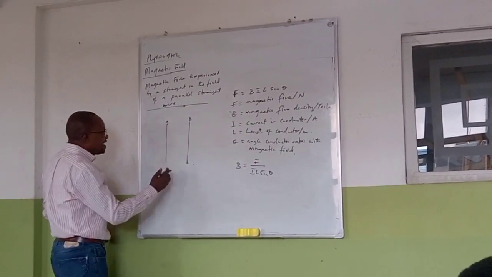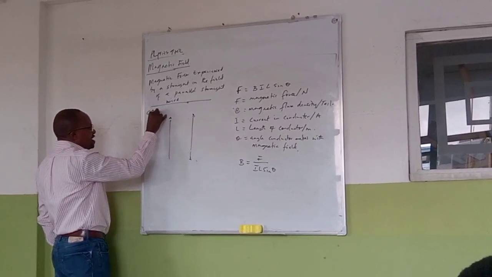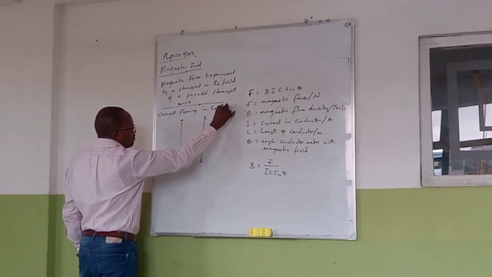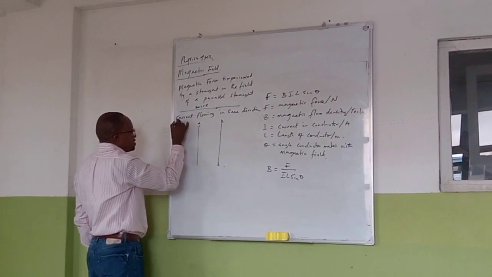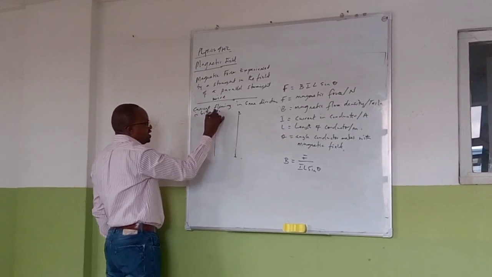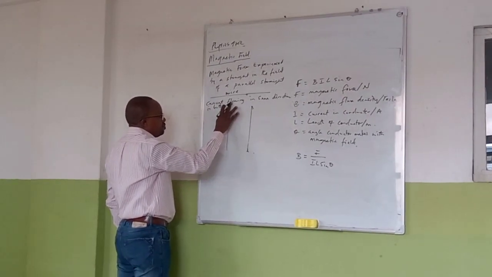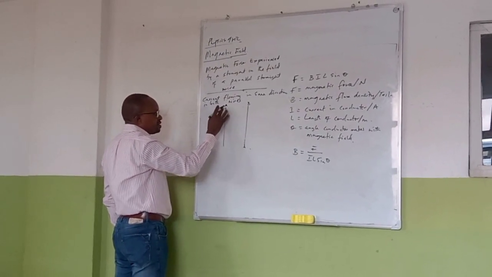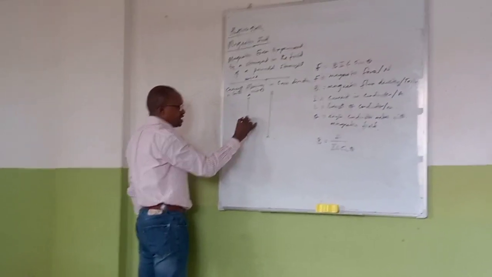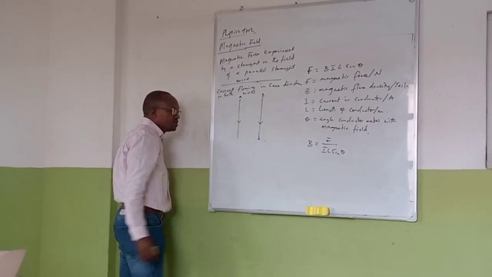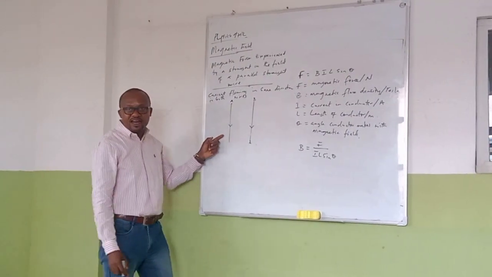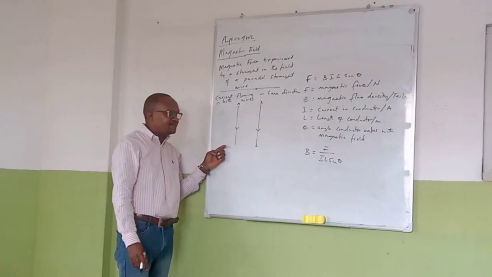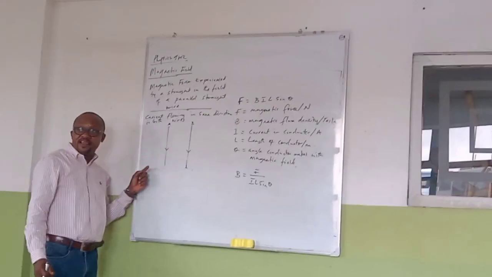So let us look at the case in which current flows in the same direction in both wires. If the current is flowing in the same direction in both wires, so let's say the current is flowing down in both wires, the magnetic field around wire A will be in one direction.